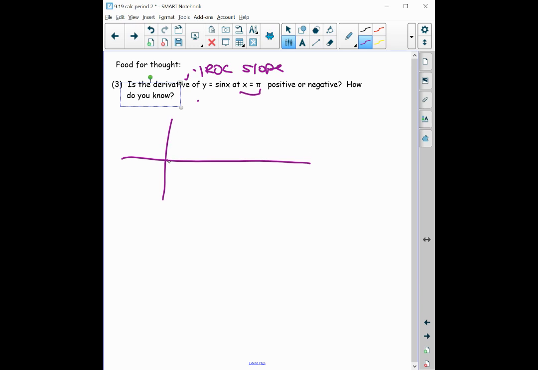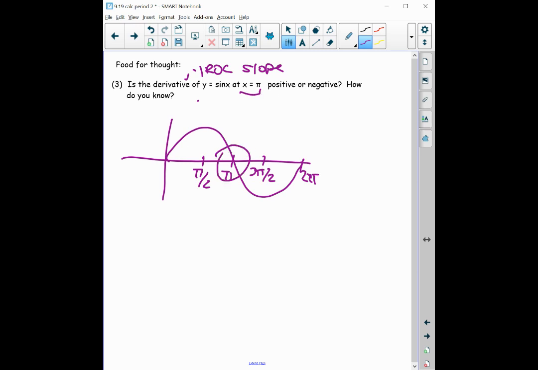Okay, so if I graph my little sine graph, which is just a good review of Math 4, I have this graph right here. I know this is pi over 2, 3 pi over 2, and 2 pi because that's one rotation of the unit circle. So the question is, is the derivative of y equals sine of x at x equals pi positive or negative?